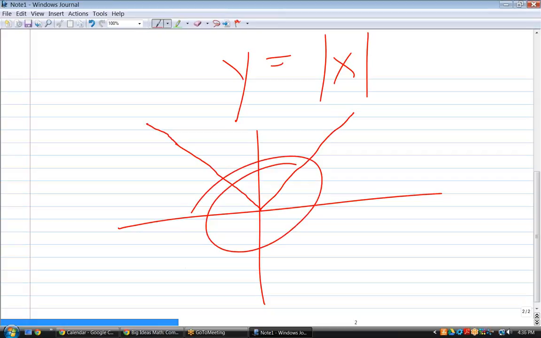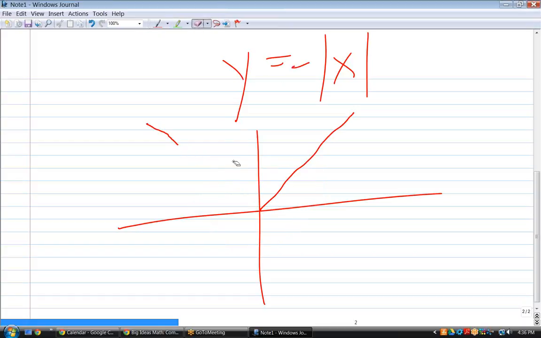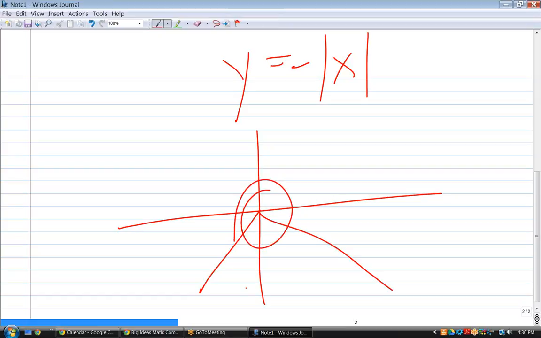And the y value will not be below the x-axis unless I put a negative sign there, and then that would reflect everything over the x-axis, and that would look like this. Okay. But it has that same corner in it.